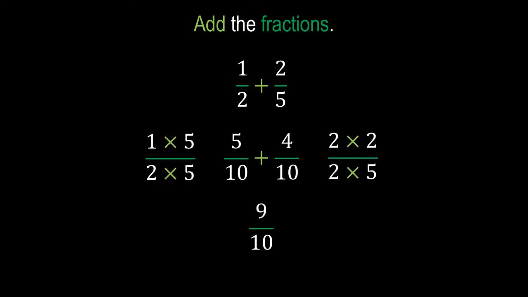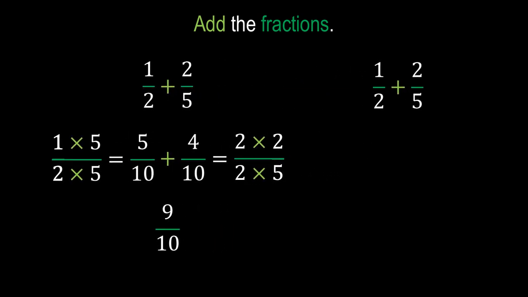In short, we simply multiplied the denominators to rewrite both the fractions with the product as the denominator, which is 10 in this case. Now we had to multiply the denominator of the first fraction by 5 to get 10.